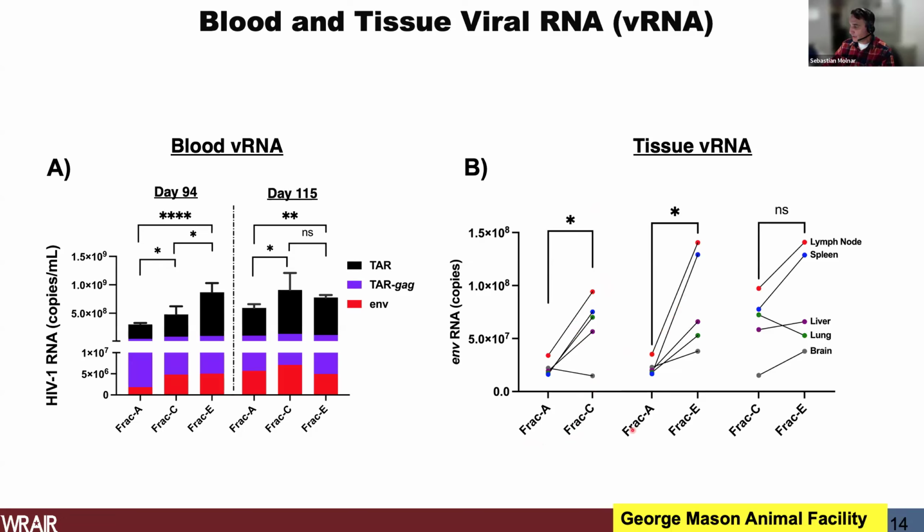When we compared fraction A to fraction E, all of them were higher in the animals infected with fraction E. And when we compared fraction C and fraction E, there was no significant difference in the pairwise comparison. However, the trends indicate that in the lymph node, spleen, brain, and even the liver, there is a greater amount of viral RNA in the animals infected with fraction E.